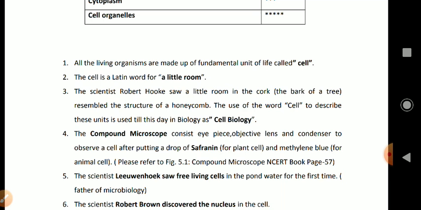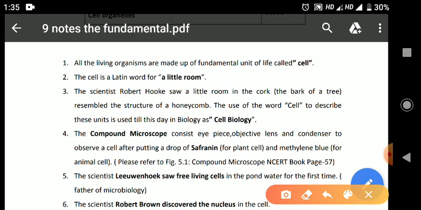The scientist Robert Hooke in 1665 discovered the cell and gave it the name cell, and the study of the cell is known as cell biology. As the study of the microscope increased, the study of the cell also increased.